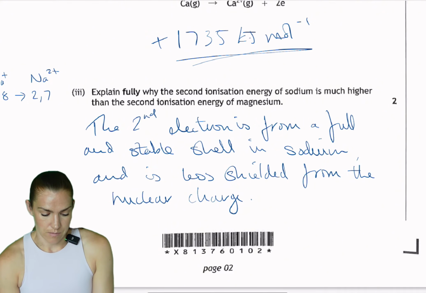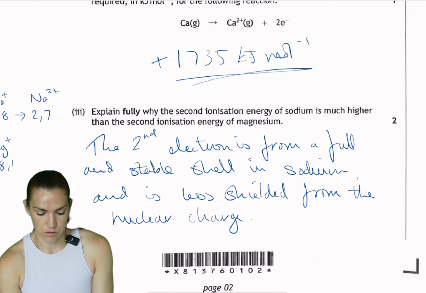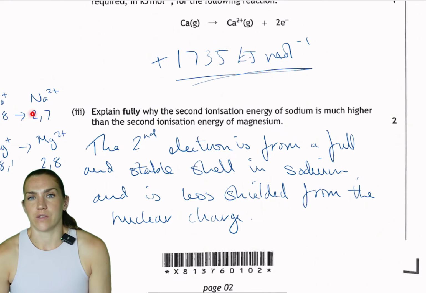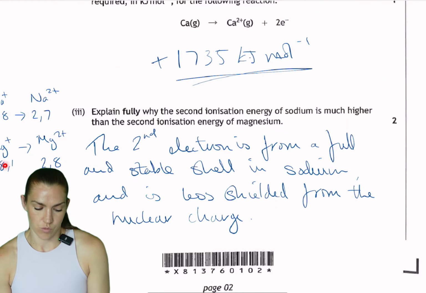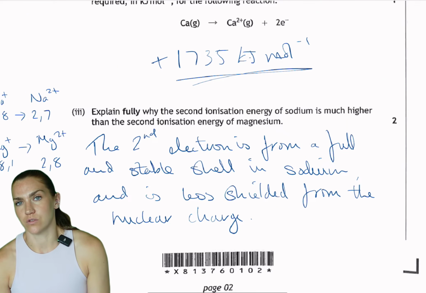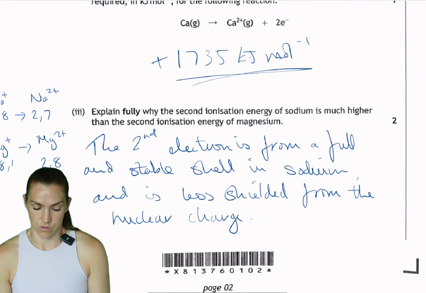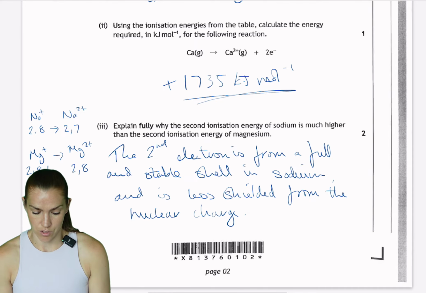Whereas with magnesium, if we're starting with Mg+, that's 2,8,1, going to Mg2+, which would be 2,8. So that should help you see where the electrons are coming from and then how shielded they are. So the more levels of electrons, the more shielded the outer electrons will be. Therefore, it makes them a bit easier to remove because they'll be experiencing less of that nuclear charge.